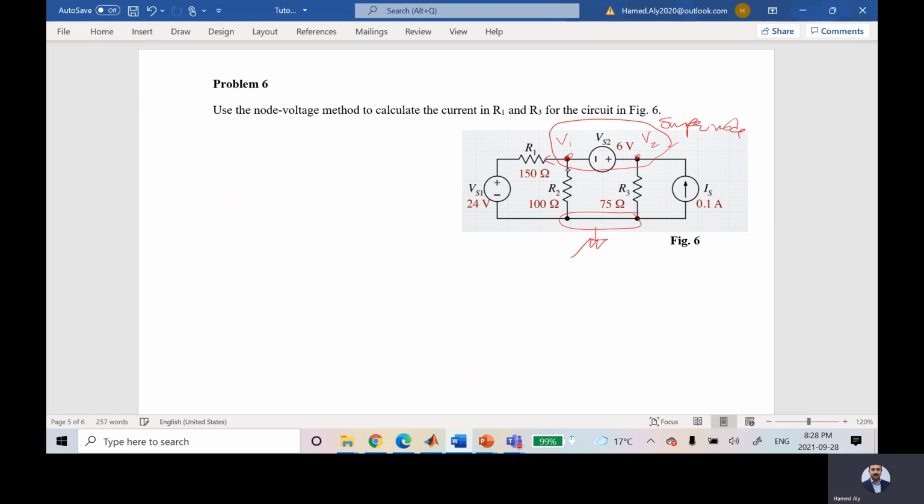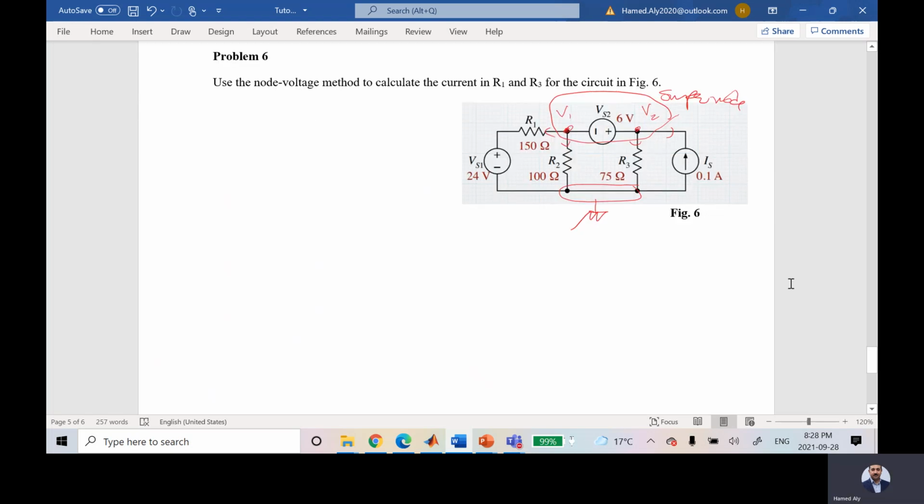And then I'll say summation of the currents for the super node is equal to 0. I forgot to read what he is looking for. He would like to calculate the current in R1, so he needs V1, and in R3, he needs V2. So I will say summation I is equal to 0 for the super node. All currents are leaving.